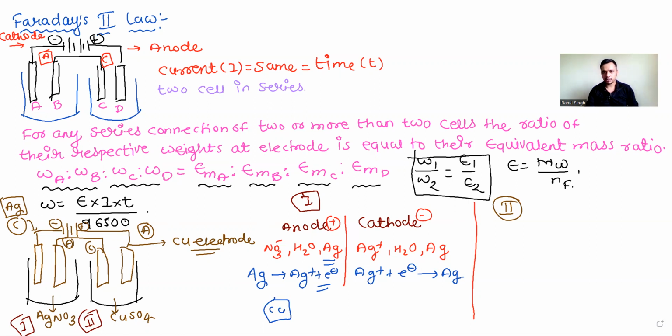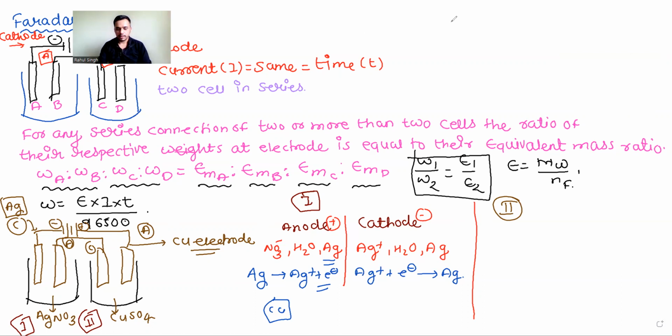So how can we solve this? That is the important thing. Suppose we take the weight of Ag first divided by the weight of copper. It can be calculated as equivalent weight of Ag into I into T divided by 96500, using the formula we have written over here to calculate the weights.